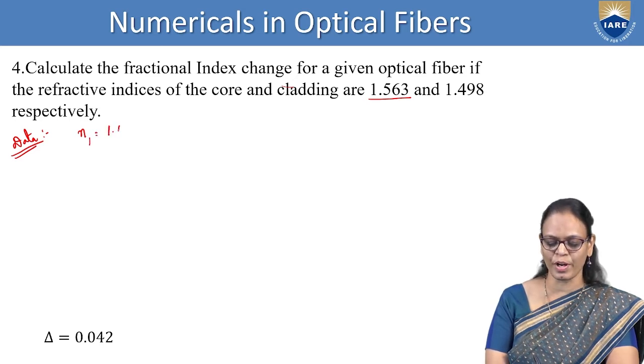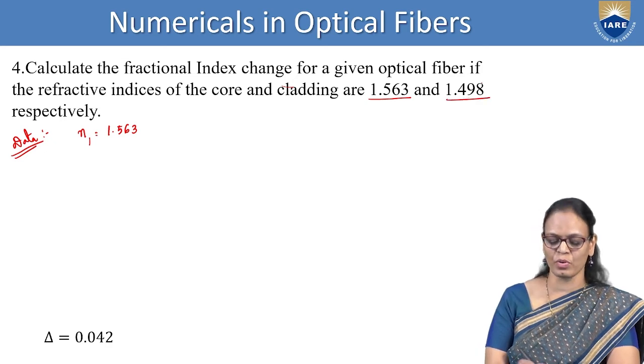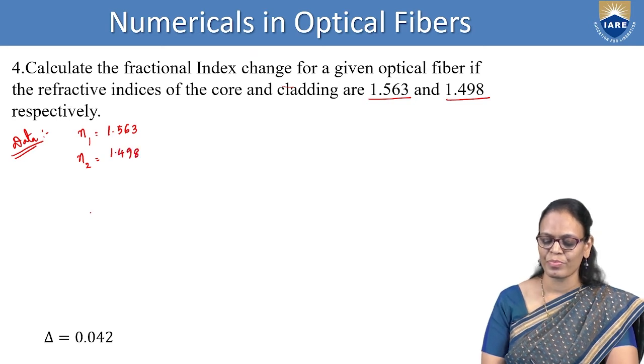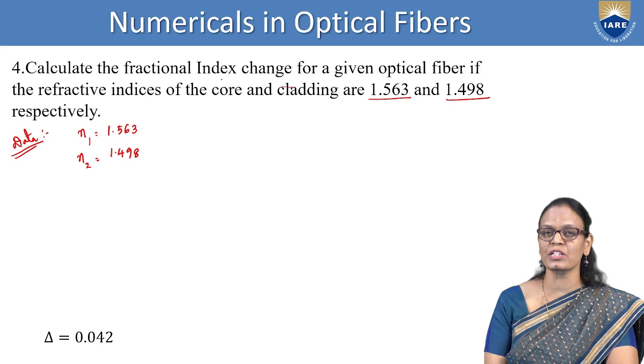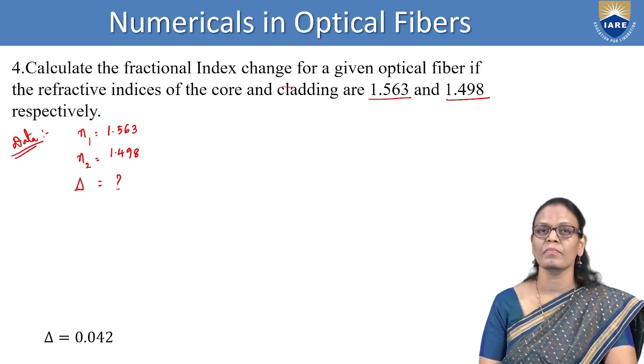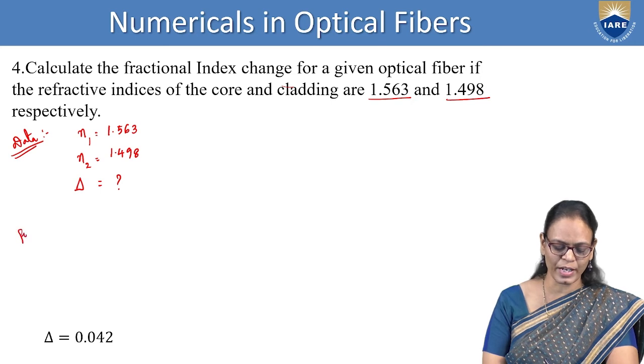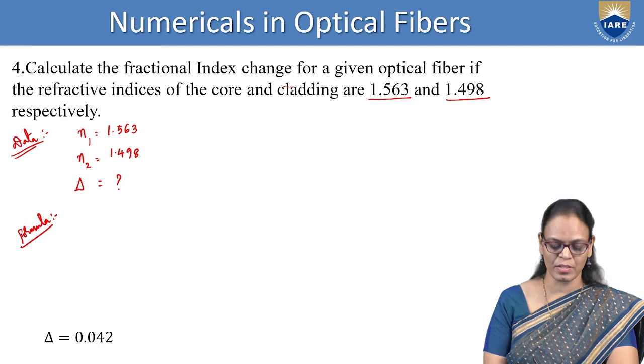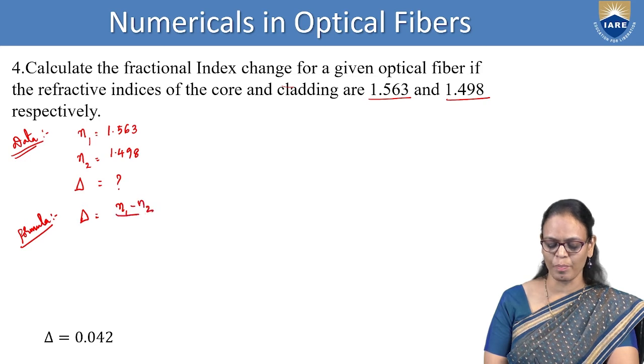N1 is equal to 1.563. And for the cladding, 1.498. So N2 is equal to 1.498. What we have to find is the fractional index change. Delta we have to find. So what is the formula we have for the fractional change in refractive index? Delta is equal to N1 minus N2 upon N1.